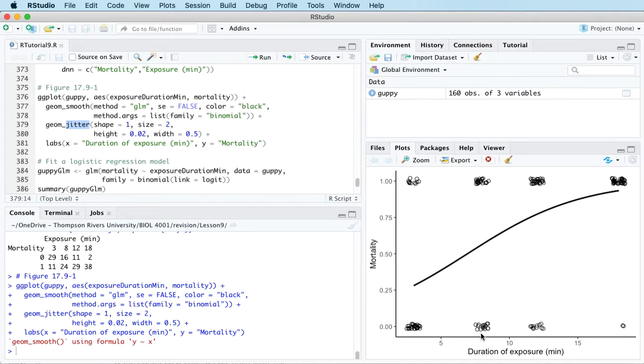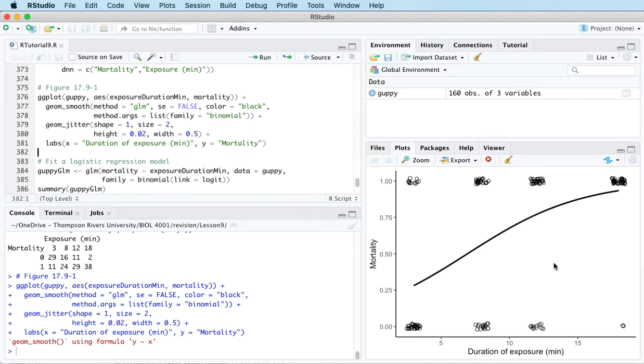Whereas when we increase up to 8 minutes exposure, we've got more dying than surviving. At the next treatment level, 12 minutes of exposure, we've got a lot more dying than surviving, and for the longest duration of exposure, 18 minutes, almost all of the guppies in that treatment group died, and only 2 survived.